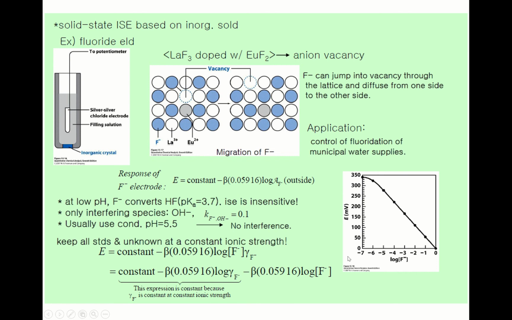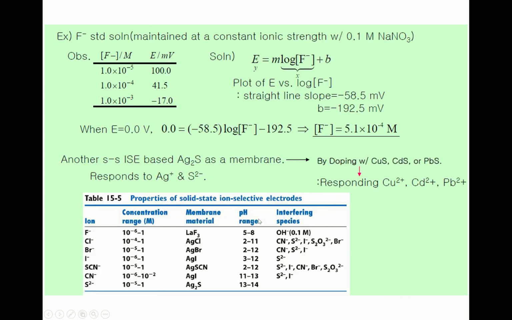This figure shows that this electrode gives a very wide linear range, around six orders of magnitude. Very good actually. Here is an example. The standard solutions you prepare are maintained at a constant ionic strength with 0.1 molar sodium nitrate.